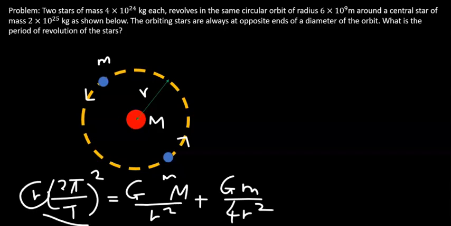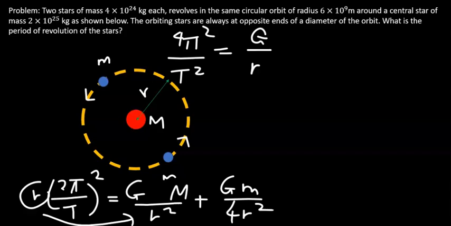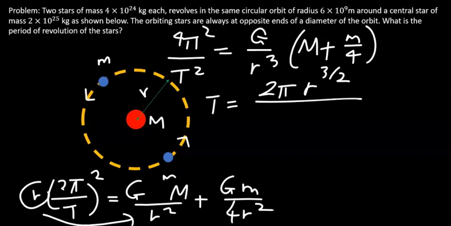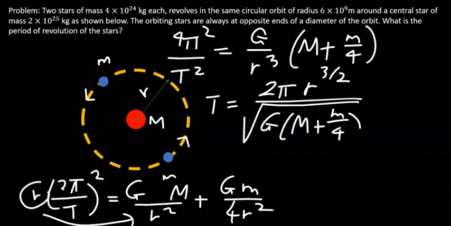So let's bring this r to the other side, and you will get 4 pi squared over T squared equals G over r cubed times capital M plus little m over 4. What that means is, solving for T, you will get 2 pi r to the power 3 over 2 over square root of G times capital M plus little m over 4.